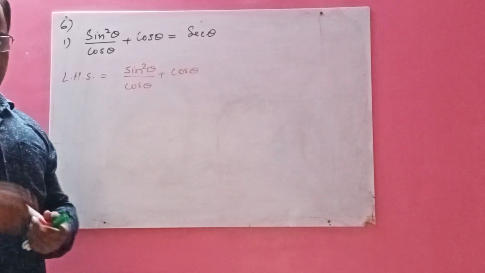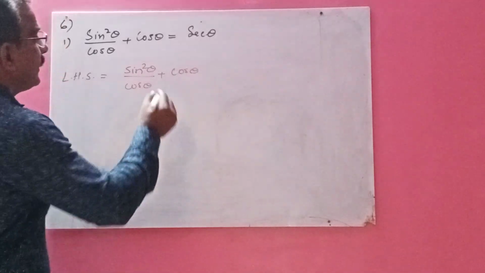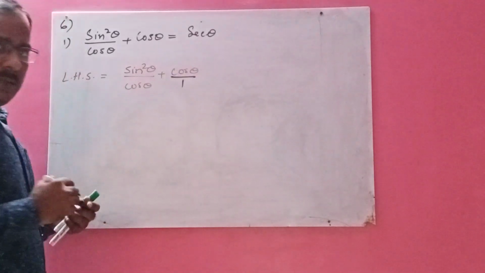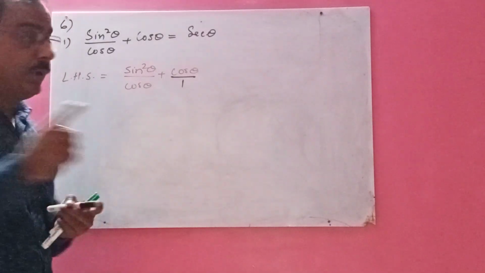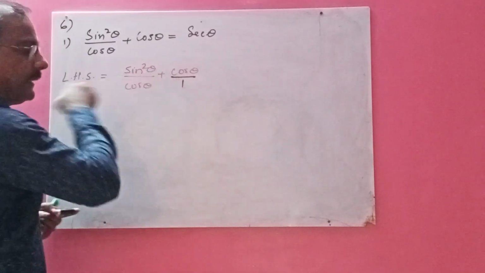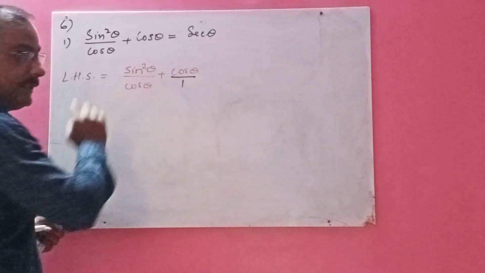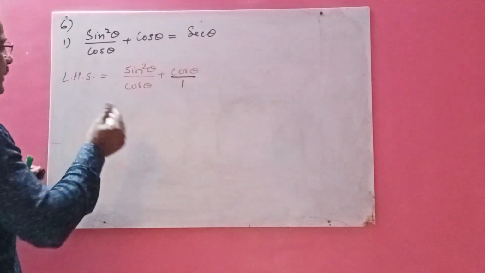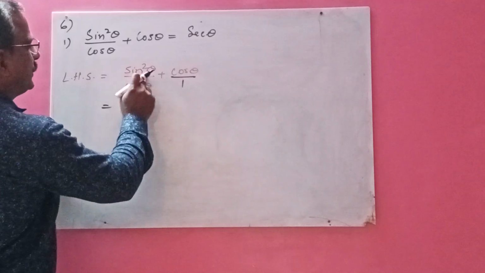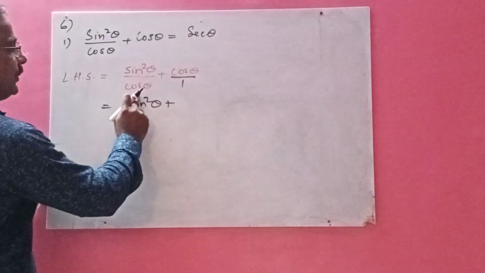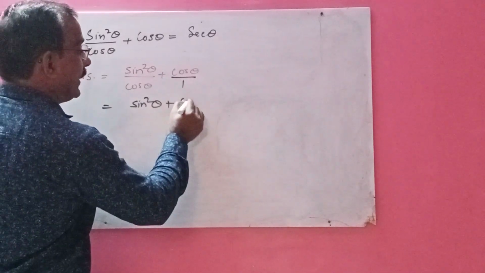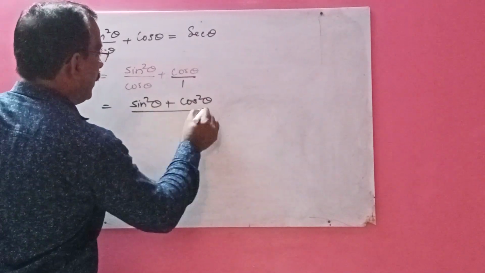Now what you will do? See children, here cos theta can be written as cos theta upon 1. Now your mind will work. We should do the cross multiplication, because the denominator is not the same. So 1 into sin square is sin square theta, plus cos into cos, it is cos square theta, upon cos theta.